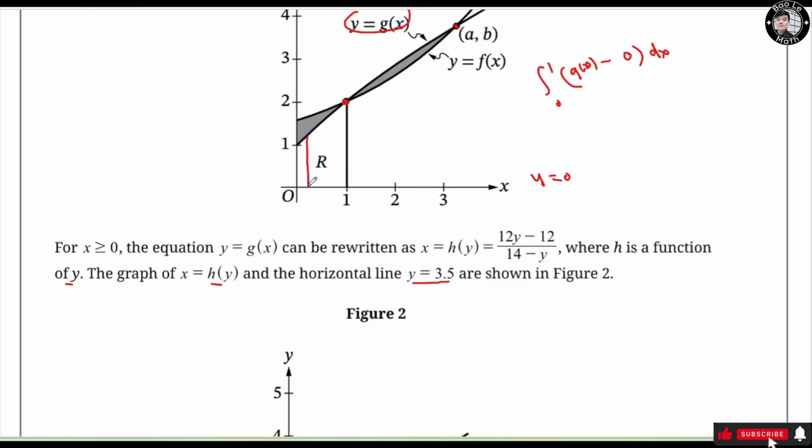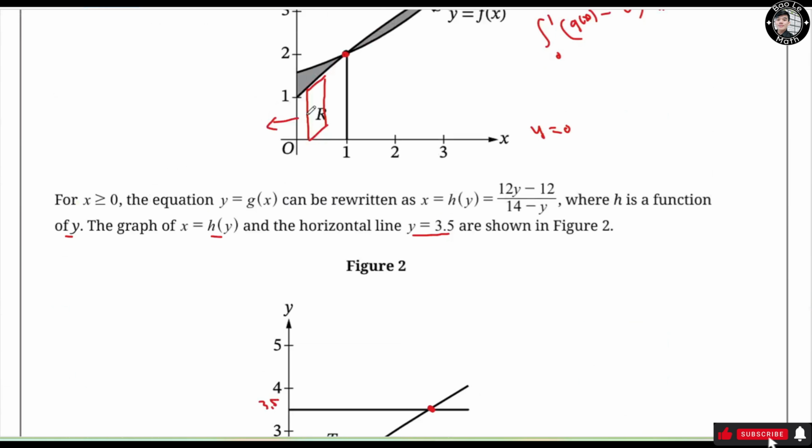So it's going to be something like this. The base is the difference between g of x and the x-axis, which is y equals 0, right? And the height is 1 over 3 times the length right here, g of x, right?